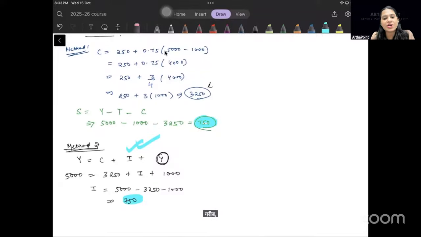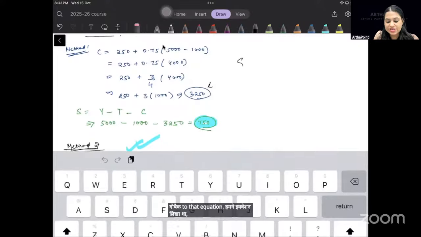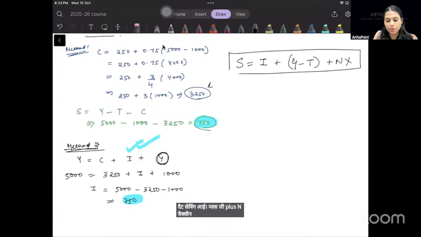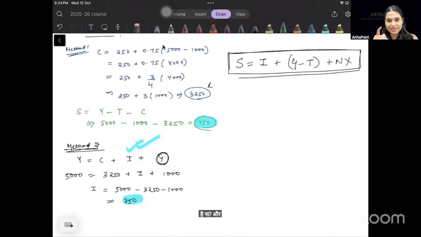Very, very good statement. Go back to that equation we had written. हमने एक equation लिखा था that savings is I plus (G minus T) plus NX. Do you remember this equation? We had written this equation in one of the lectures. है ना? और now try to think about this equation here.